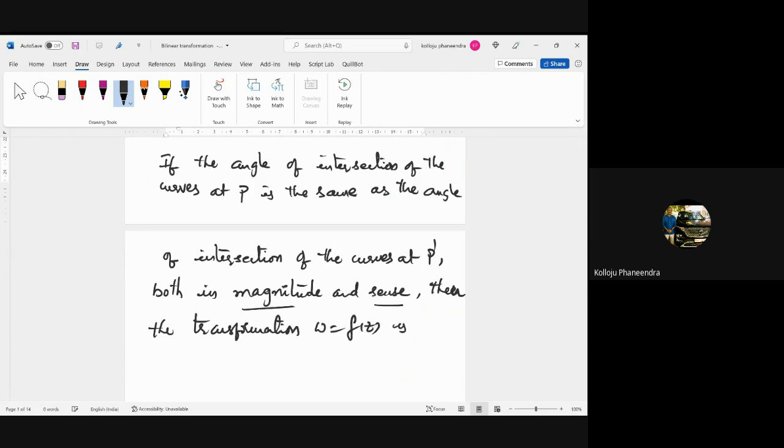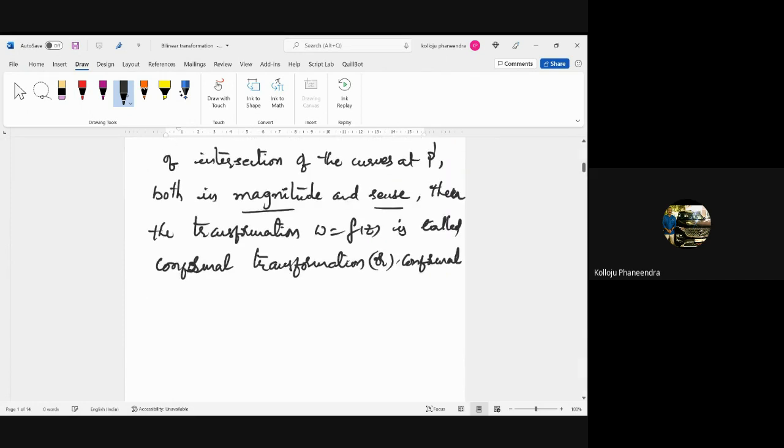W equal to f of z is called conformal mapping, called conformal transformation or conformal mapping, or this is also called Mobius transformation. This is the definition of conformal transformation.